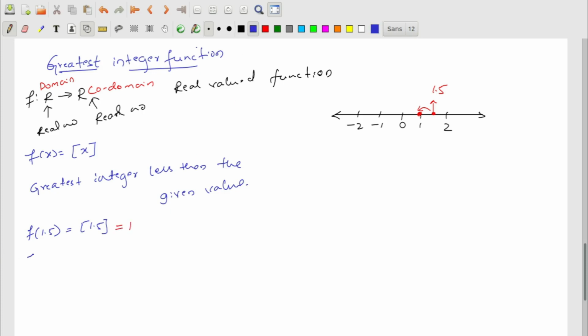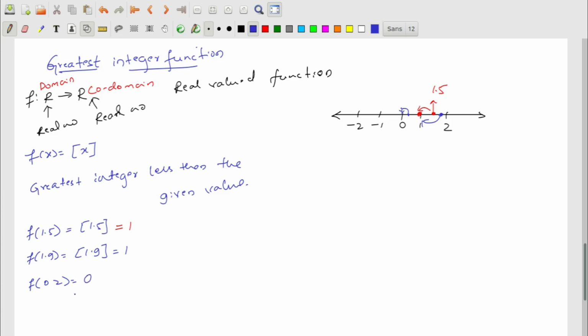Now if I take f of 1.9, that is the greatest integer of 1.9, we have 1.9 here. Again, the greatest integer less than the given value is 1. So this is how the function is defined. If I take f of 0.2, the greatest integer less than this is 0.